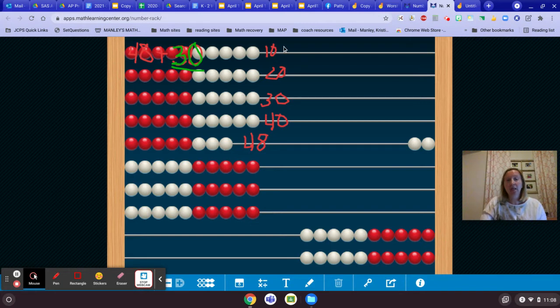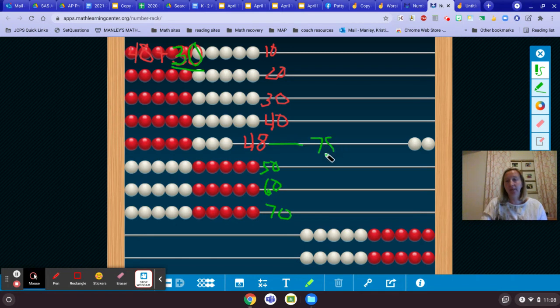That is one way. Some people look at the total first amount, 48, and then jump 10. We could do that as well: 48, 58, 68, 78. Any of those methods are good, so we can count either way. We left off with 40, and then we could add 50, 60, 70, and then we come back up here to get the 8 and have 78.